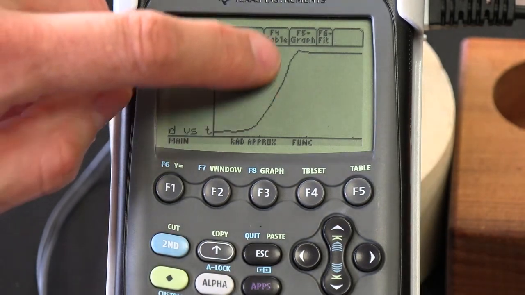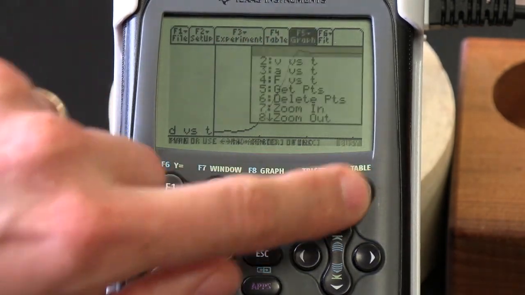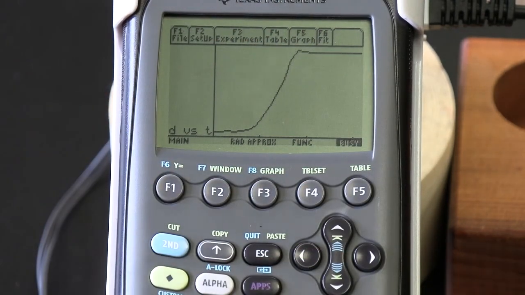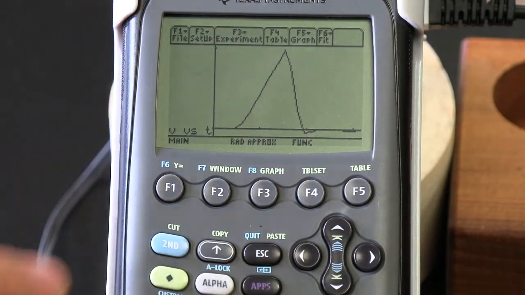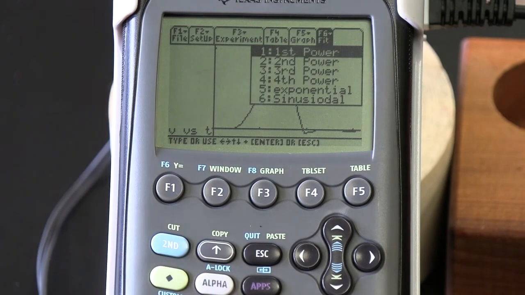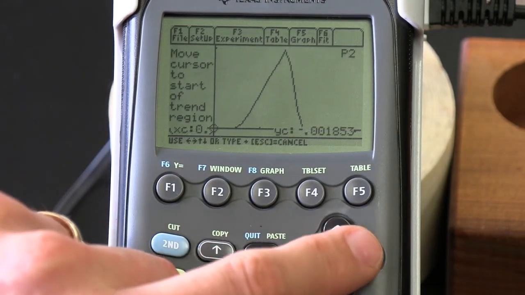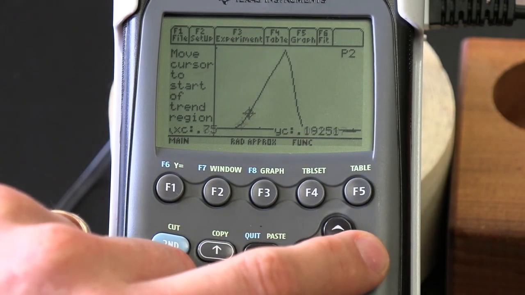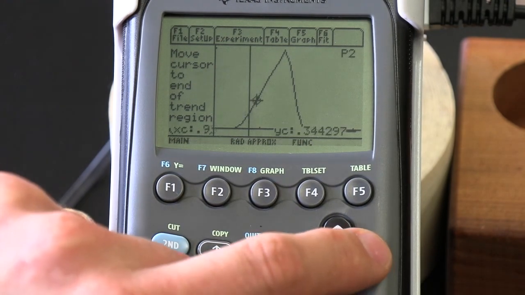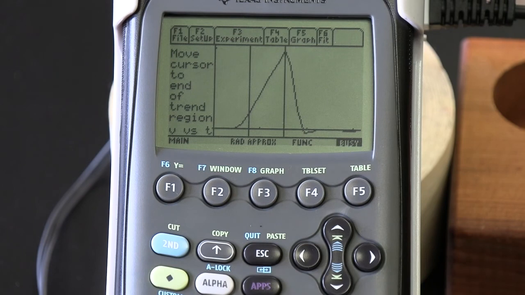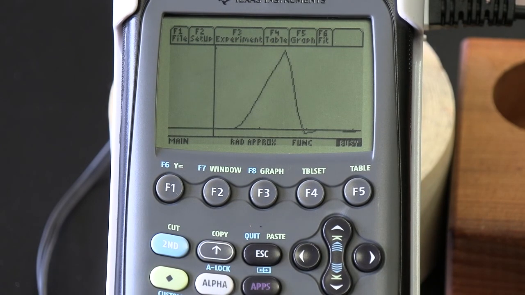Once again, a nice parabola. We need the velocity graph, though, to get the acceleration, so let's look at that. A nice linear trend right there. Let's get the calculator to calculate the slope of that. I'm going to move to the start of the acceleration, maybe right around there, and then the end of the acceleration right around there.